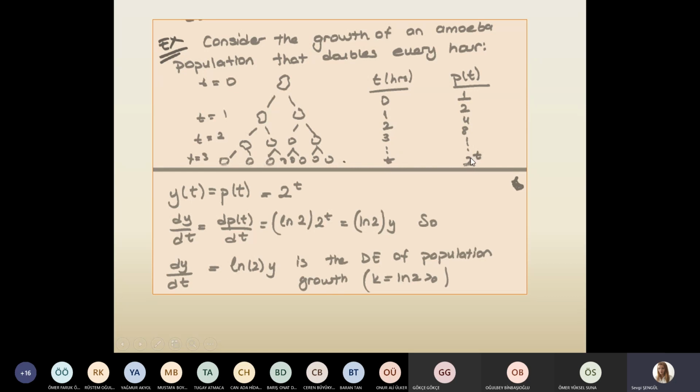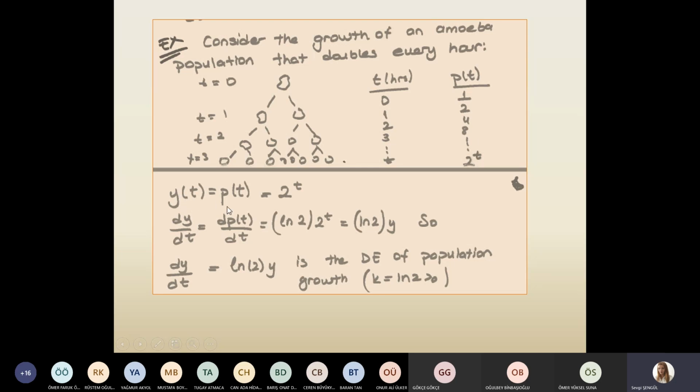So we are doing the inverse problem right now. We have y of t, which is the population of the amoeba, and it is growing as 2 to the t. And to be able to find the differential equation for that, you can take the derivative of each side with respect to t, so that you can find the rate of change of the growth of amoeba.